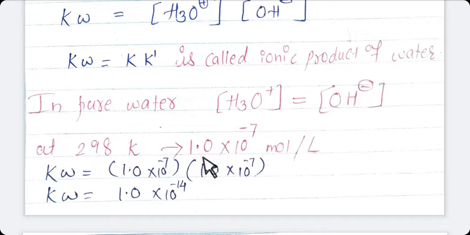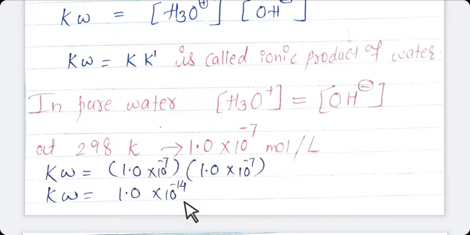Now put this value in the formula, so we will get Kw is equal to 1.0 into 10 raised to minus 7 into 1.0 into 10 raised to minus 7. So the value will be 1.0 into 10 raised to minus 14. It is for pure water.